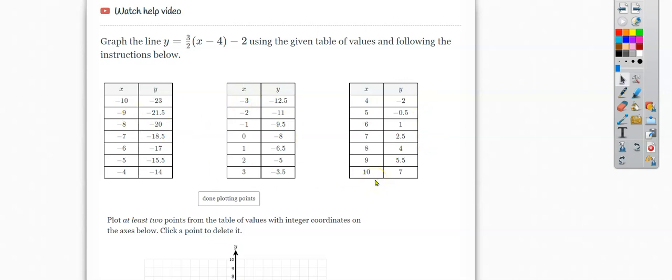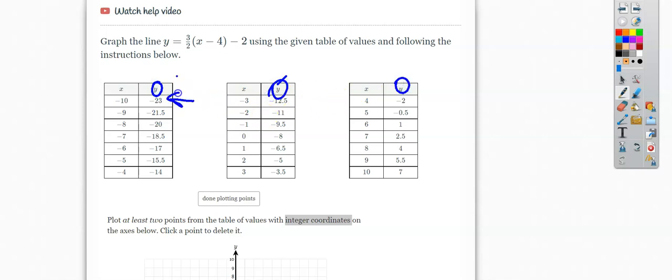What they're asking you to do is plot at least 2 points down here, from the table of values, such that they have integer coordinates. When we look at our table, we can see that it goes from -10 to +10, which is good because our graph goes from -10 to +10, and so do our y-axes.